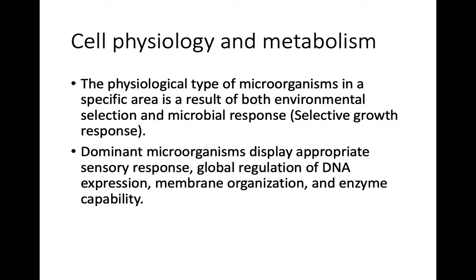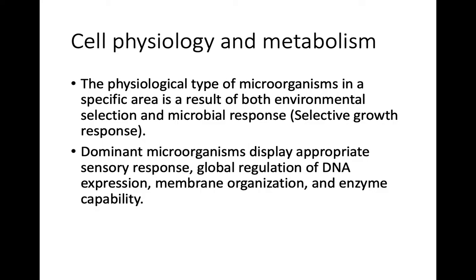So, for a specific group of microbes to dominate in such various conditions, they must have appropriate sensory response systems. They must be capable of regulating their DNA expression, and they have defined structures, of course.